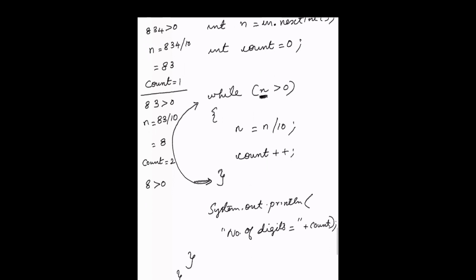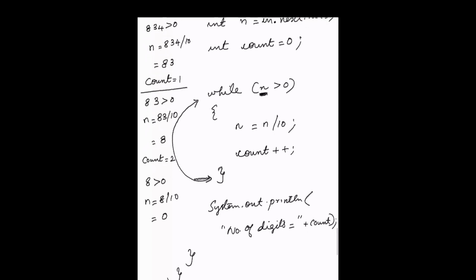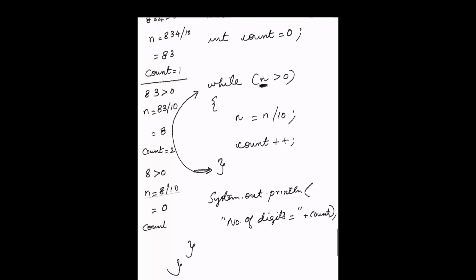Again you go back because you have reached the end of the while loop. You see that 8 is the current value of n. 8 is bigger than 0. So again n would be 8 by 10, and at this moment n becomes 0, but count gets incremented to 3.